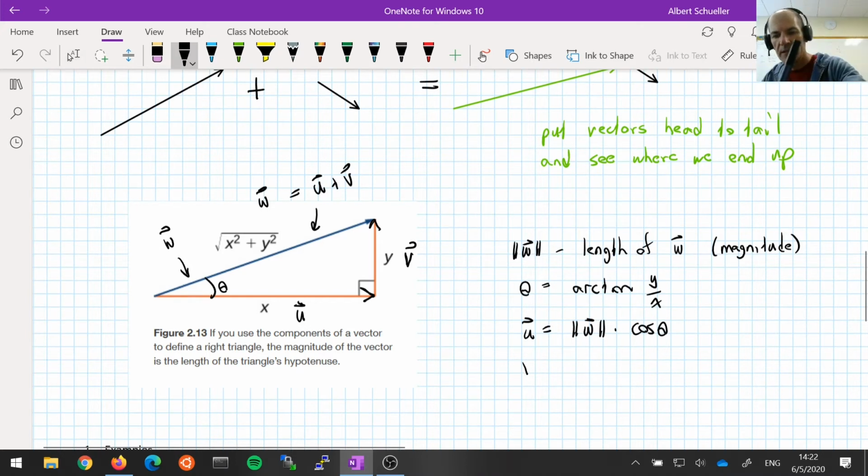And v is going to be the length of w times the sine of theta.